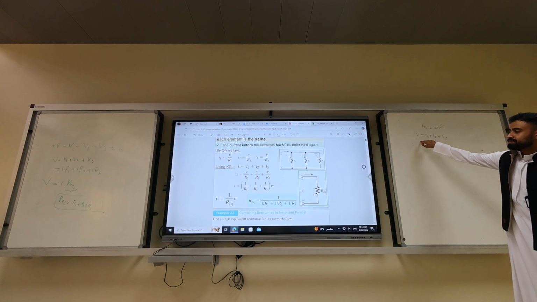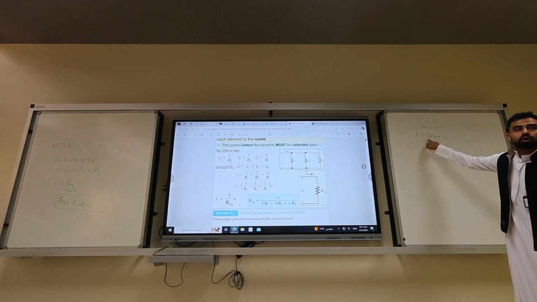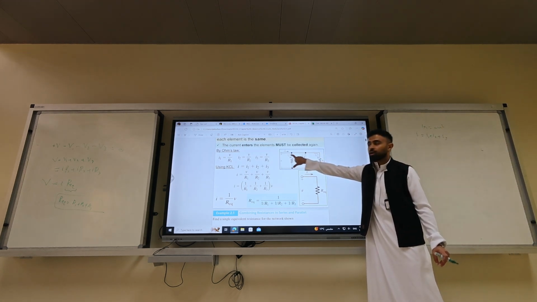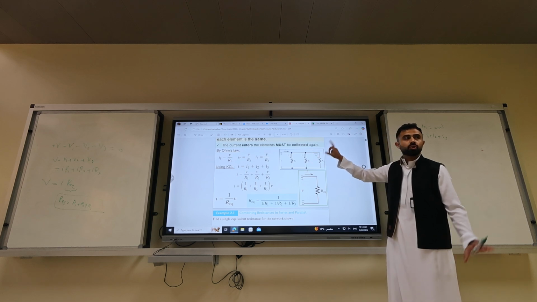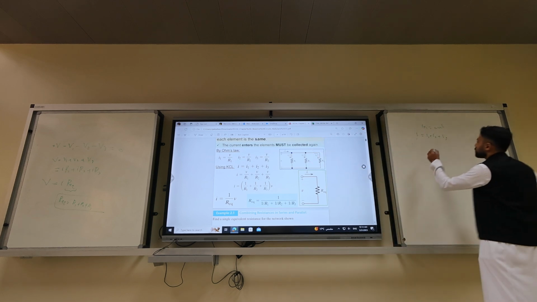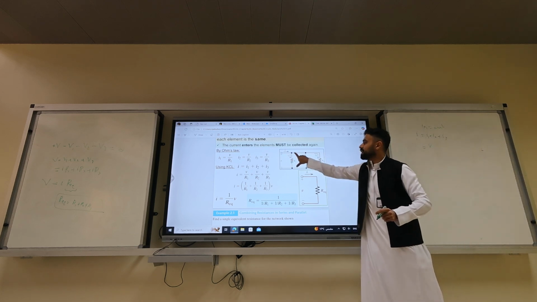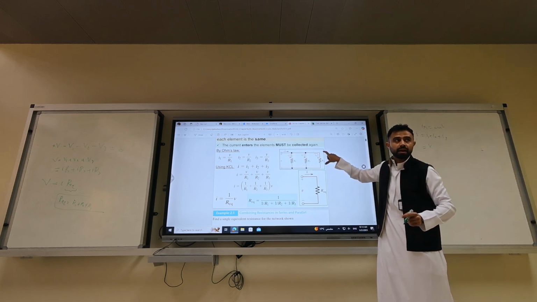We know that for each I we can apply Ohm's law. Is this option 1? Option 1, so no negative sign. What is I1? V over R1. This is V here, V here, V here, since it's in parallel.